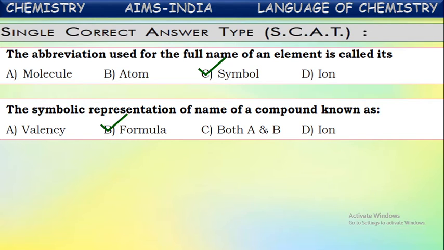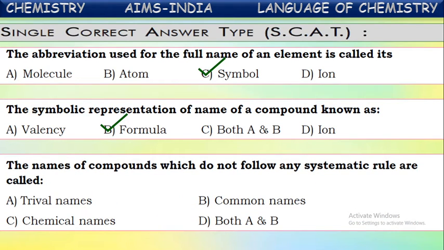So to make it convenient and shorter, scientists have suggested formulae for chemical compound names. How can this calcium carbonate be written using symbolic representations? CaCO3. It just represents the compound calcium carbonate. This CaCO3 is called the formula of that compound. So formula is a symbolic representation or the short form notation of the name of a compound.